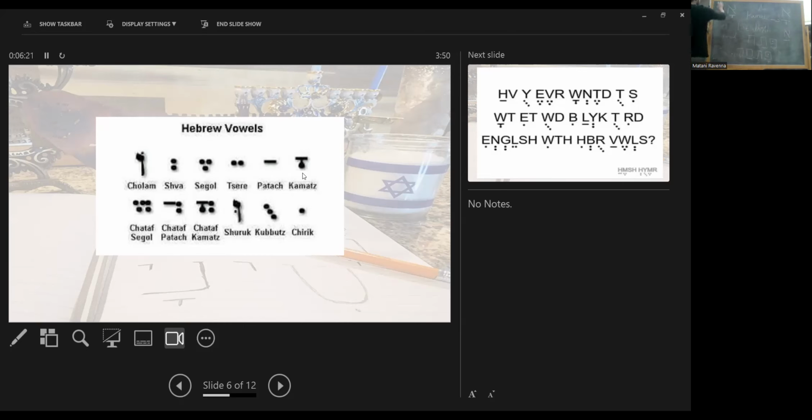Continuing on for the next vowel. You'll see repetitive sounds all over because we no longer use a bunch. To me, it makes things easier. Hopefully for you as well. Our next ones are tsere and segol.